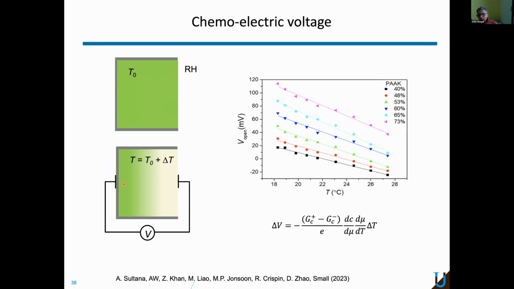Then one heats the sample to another temperature. So here T is T0 plus delta T, but it's a uniform temperature throughout the sample. So there is no proper Seebeck effect, in fact. But what happens now is that water is dissolving from the surface, and you get a concentration gradient through the sample.